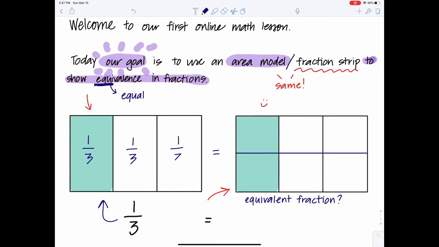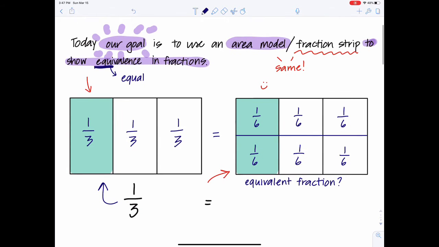On the left here we have 1/3, 1/3, and 1/3, which we know makes 3/3 or a whole. And on the right we have it now in sixths. But we have more parts that are taken up. How many parts do we have? We know the denominator is 6 and our numerator is what? Is it 1? No. We have to look above and we have to see how many parts are now shaded.